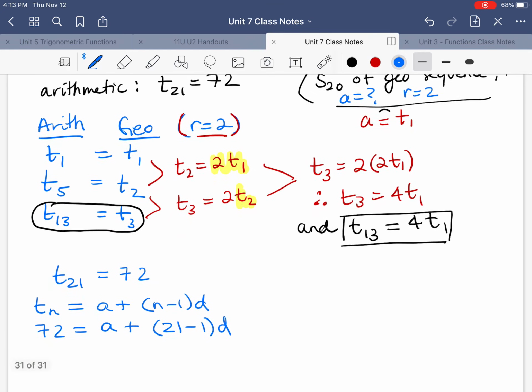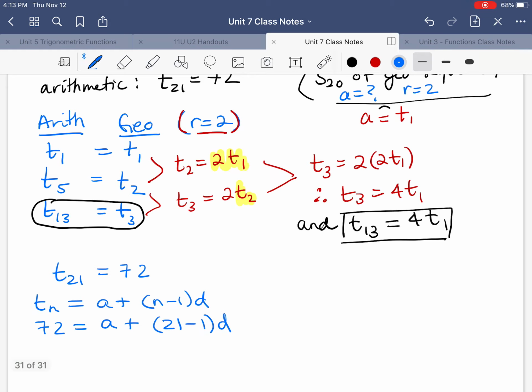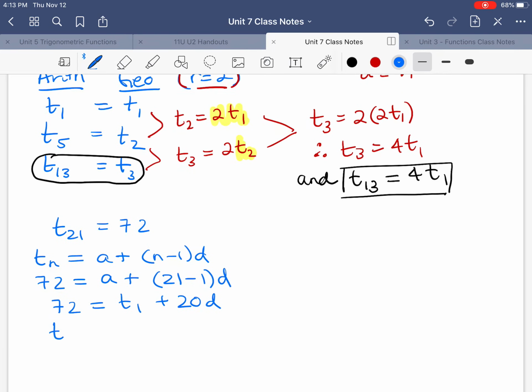Let's simplify this a bit, putting in T1 instead of A. So we have 72 is equal to T1 plus 20D. Now I'm going to rearrange it and write T1 by itself on the left-hand side. We're going to use that in just a moment.